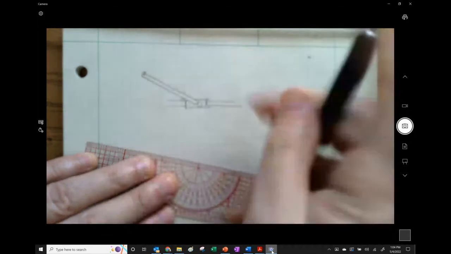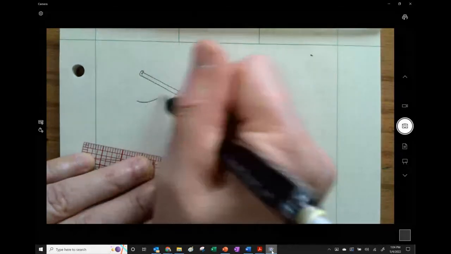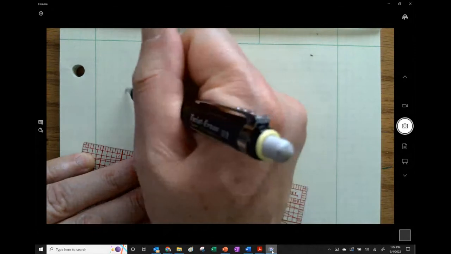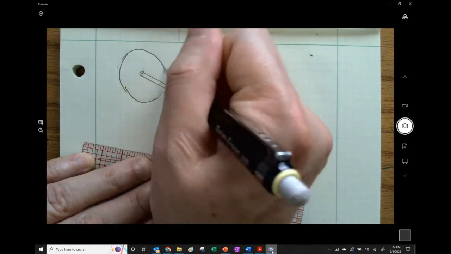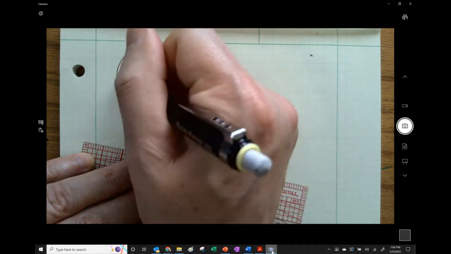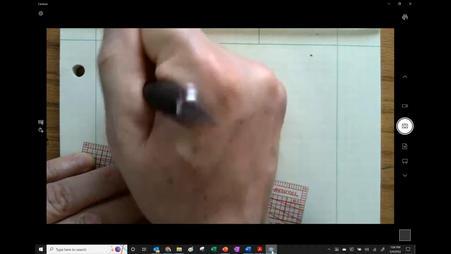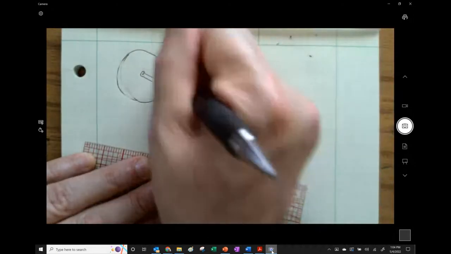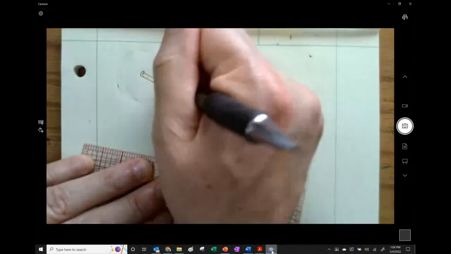I'll get him out of the way. So the bottom of this thing comes to right there. My circle isn't going well. It's getting eggy. Yeah, that was not a great demonstration of circle drawing ability. Oh, and my brain's not working. That doesn't go there. It's much smaller than that.